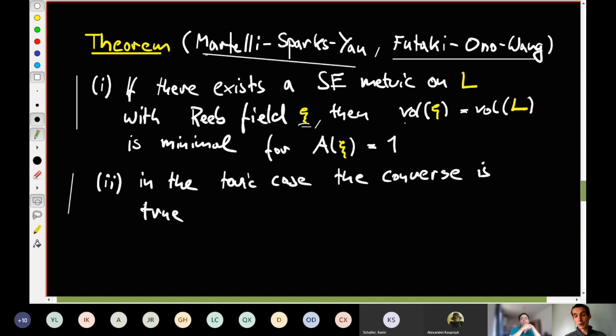So the condition we were asking after previously. So we need to have the condition that the volume of psi is minimal in the normalized sense, which we considered before. Okay, so this is just a necessary condition, but the second part of the theorem tells us that actually the converse is true, at least in the toric case.